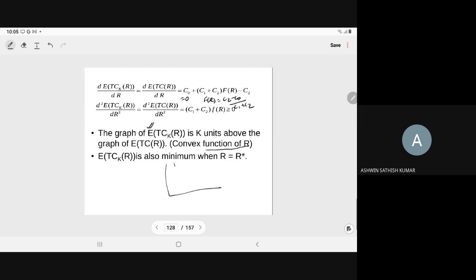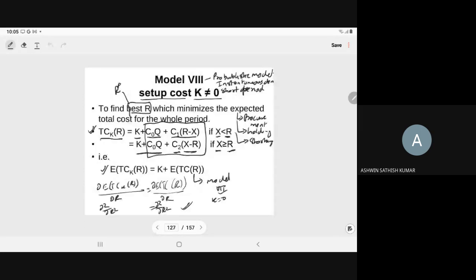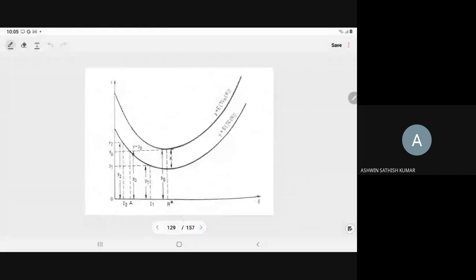The only difference is that if this is the graph of ETC, then the graph of ETCK is K units above. Because ETCK is nothing but K plus ETC(R), whatever the shape of ETC, the same shape we have, with only the difference of the constant K. The graph will be exactly the same for ETCK and ETC(R), differing only by the constant K.